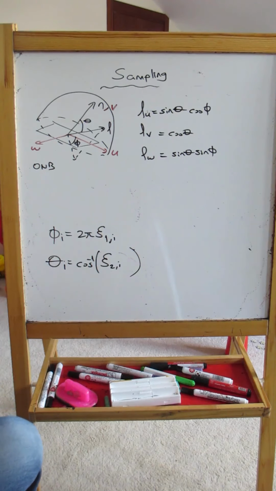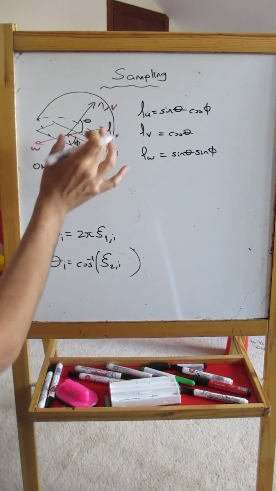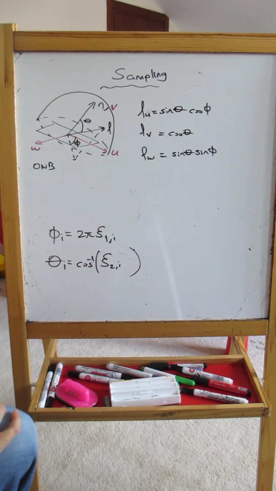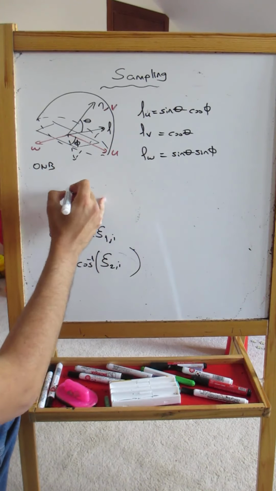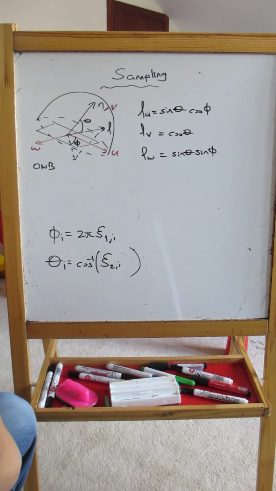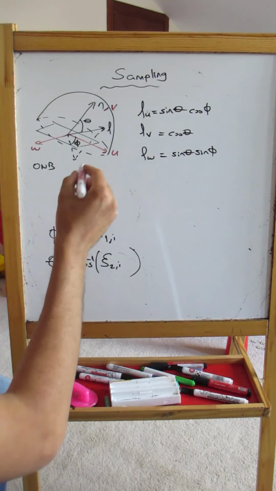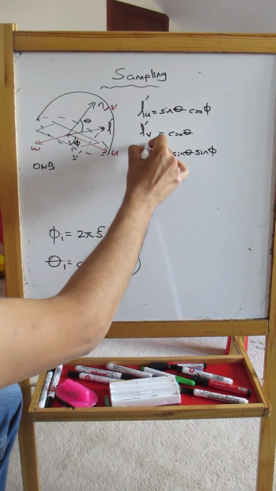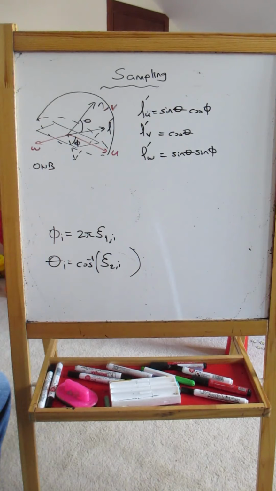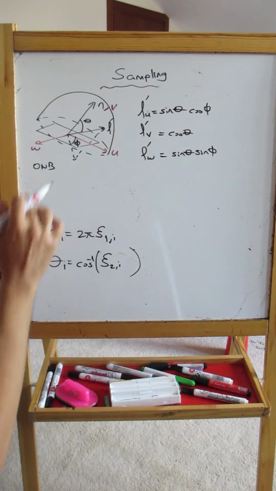Now the mapping from this L vector to the global L vector is simply as follows. Maybe I can write it differently. Let's call this L prime. L prime is defined in the local space, in the UVW space.